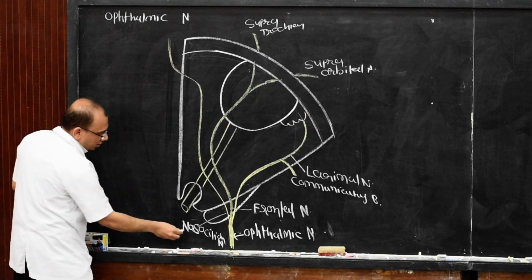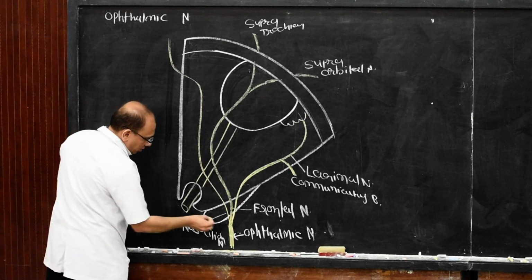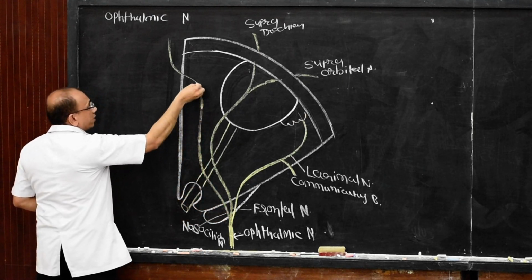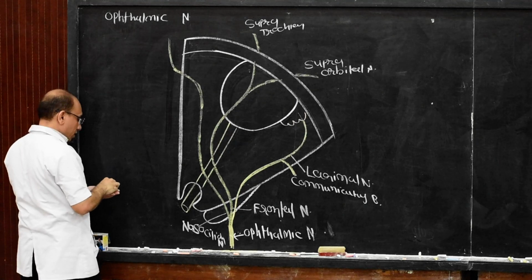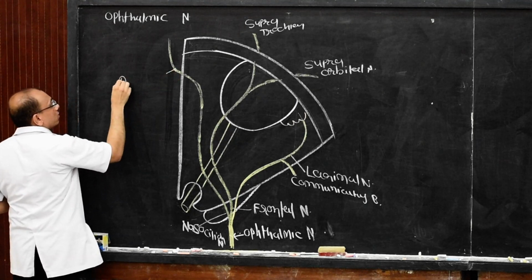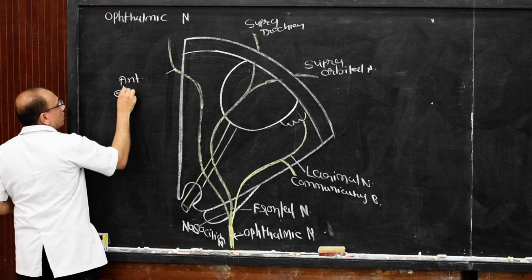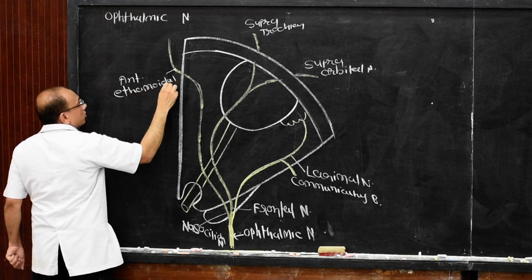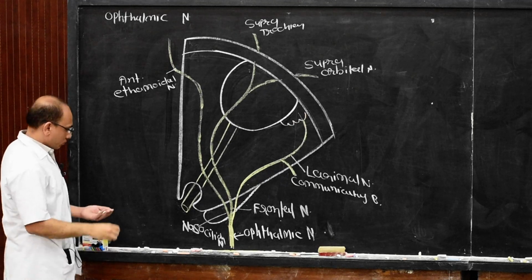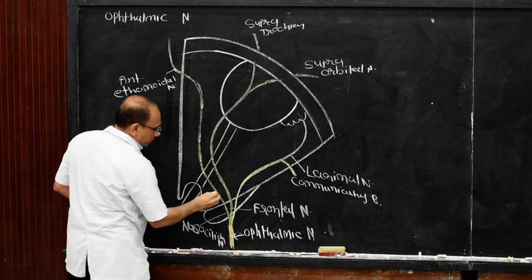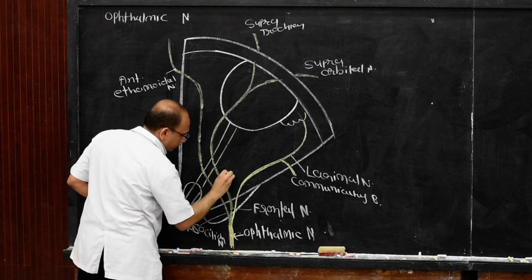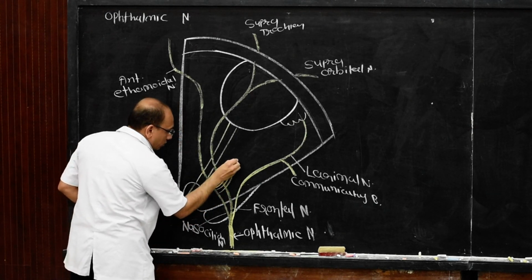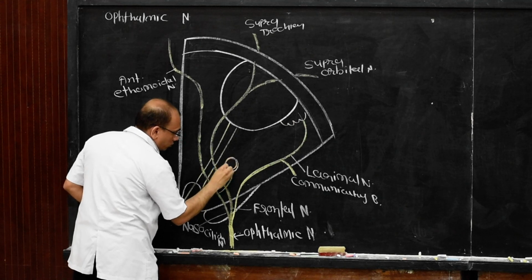And the third one is the nasociliary nerve. It continues as the anterior ethmoidal nerve. This one is the anterior ethmoidal nerve. It gives the communicating branch to the ciliary ganglion.